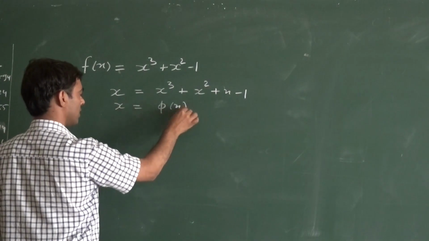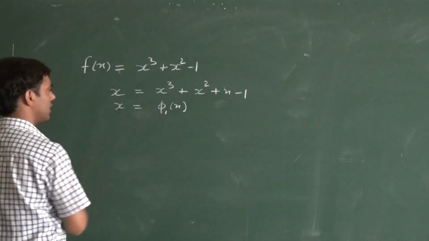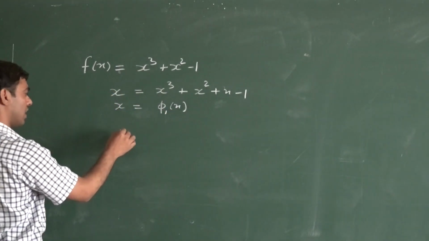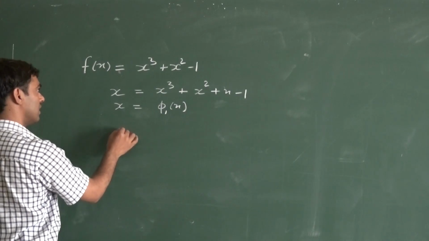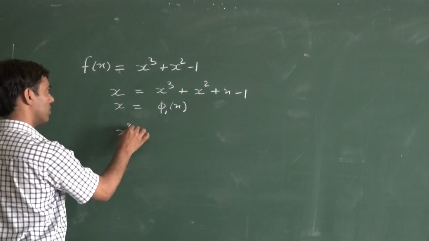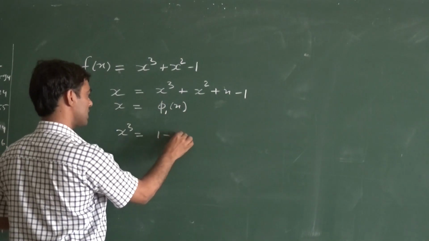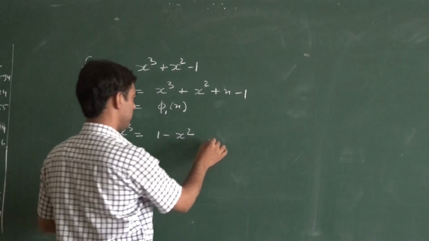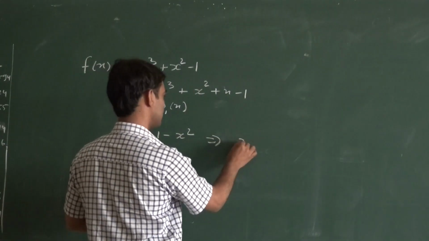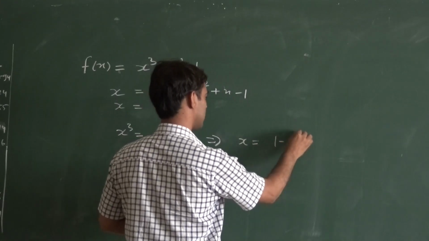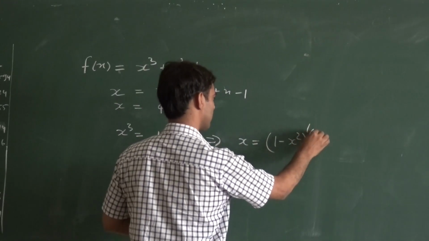Suppose we denote this as phi 1 x. This is one form. Another form: x cube equal 1 minus x square, which implies that x is 1 minus x square to power 1 by 3.